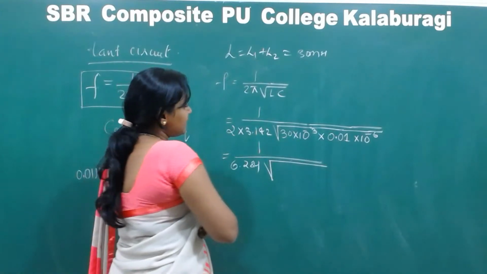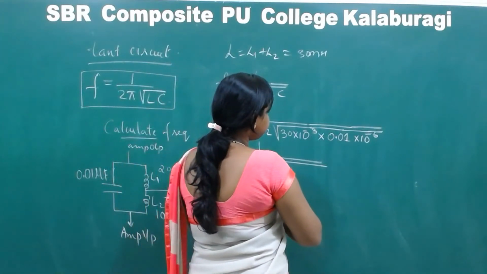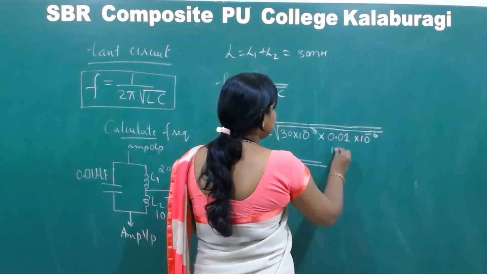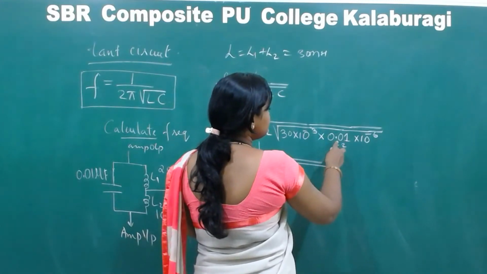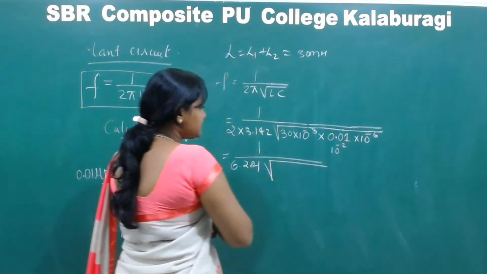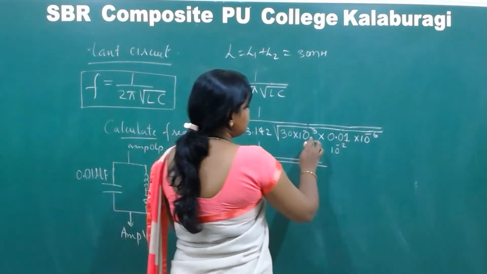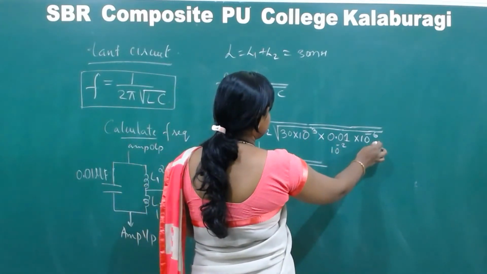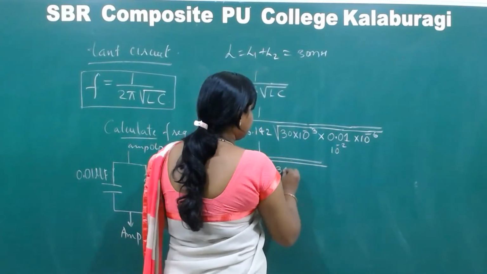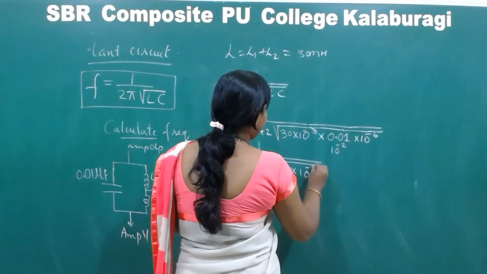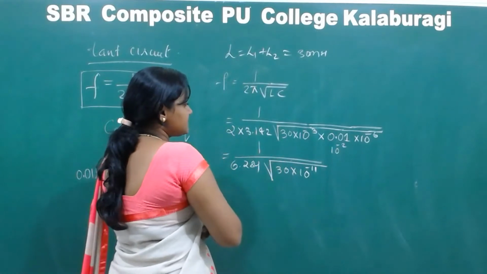So how can we do that? This can be written as 10 to the power of minus 2, isn't it? So this is going to be minus 5, minus 6. 30 into 10 to the power of minus 11, isn't it?